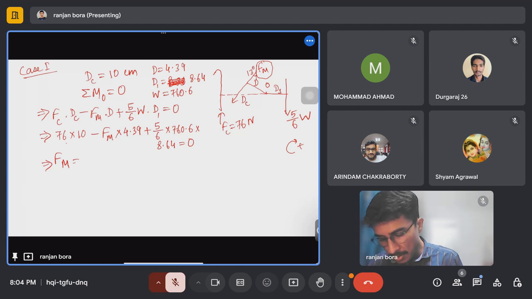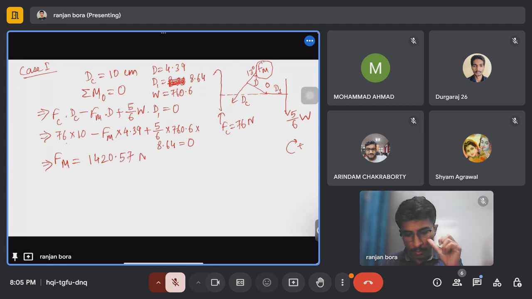So Fm is 1420.57 Newton, which means the muscle force. This is the value of the muscle force of the hip abductor muscle.